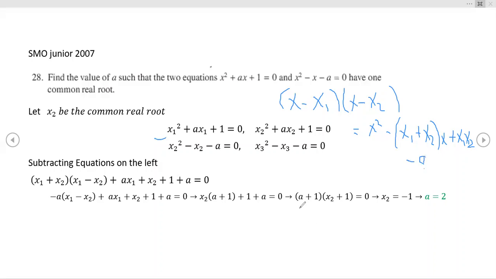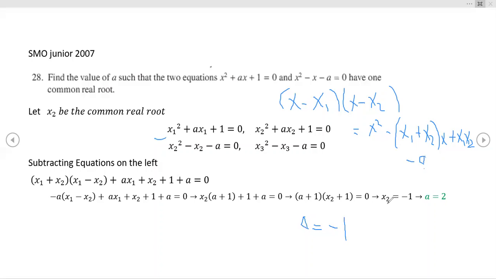Now, one of the solutions that I didn't write down is a equals -1, and you can probably see why. A equals -1 is certainly a solution to this.